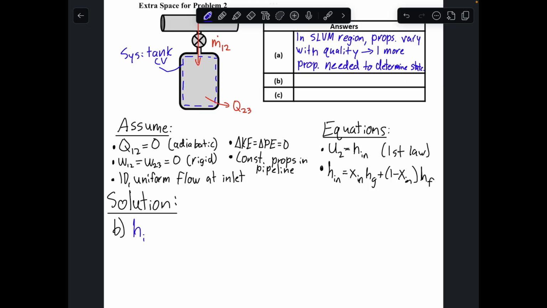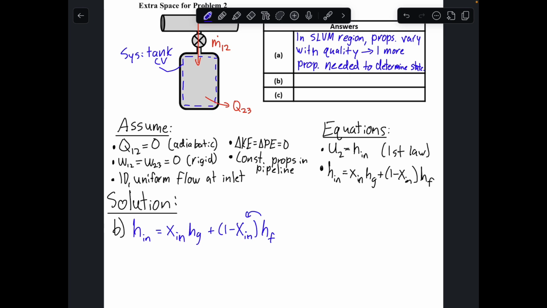So let's start to simplify that out in our solution. Again, we'll get H in is equal to X in times Hg plus 1 minus X in times Hf. And maybe you have memorized a different form of this equation that already is the solution when we're solving for X. But if not, you can get to it pretty quickly just by doing some rearranging here.